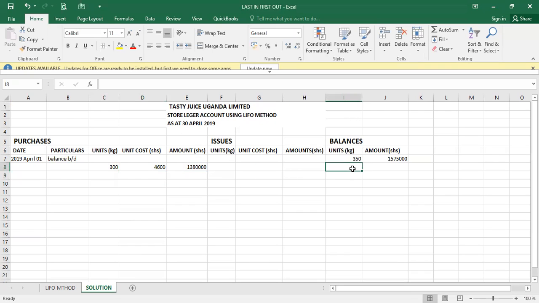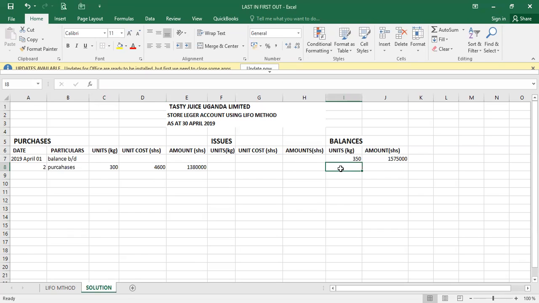Since we have purchased on second, and these are purchases, we have to increase our stock. In accounting, when purchases are increasing, you debit them, then you credit whatever means you are using to pay for those goods.